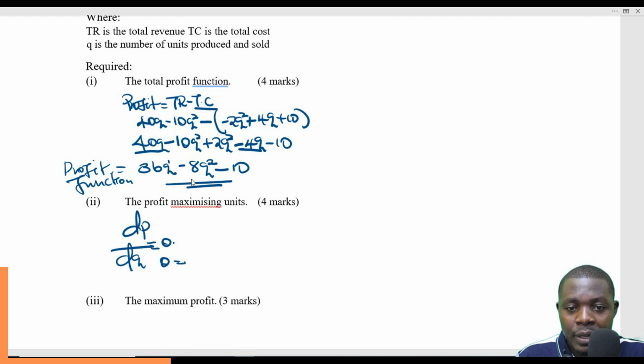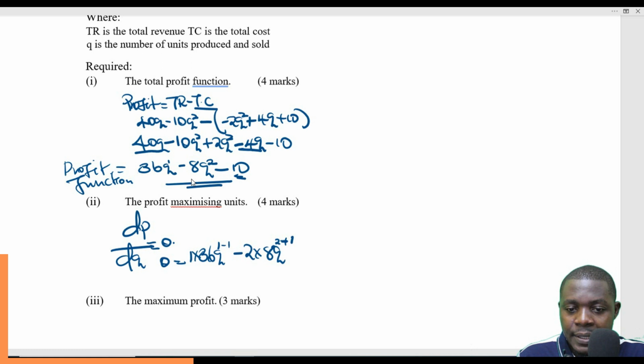Q raised to power 1. We are taking 1 multiplied by 36Q to the power 1 minus 1. Minus, now we take 2 multiplied by 8Q to the power 2 minus 1. Then since this one does not have an unknown, the rule requires that we drop it.